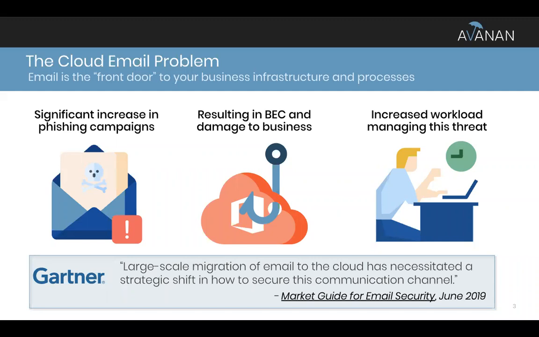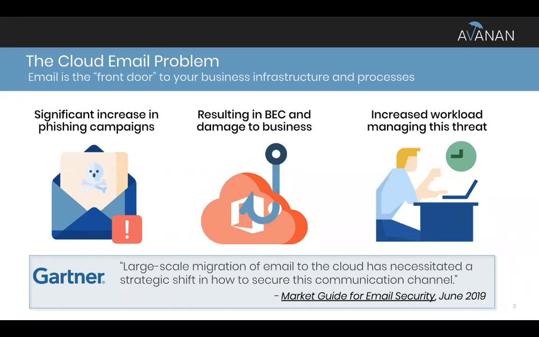That's resulted in a drastic increase in BEC, business email compromises, that are ultimately damaging businesses. They're damaging their brand because they have to disclose breaches. It's damaging businesses because they now have to pay out money because of ransomware and extortion. So the damage is obviously quantifiable in many cases.